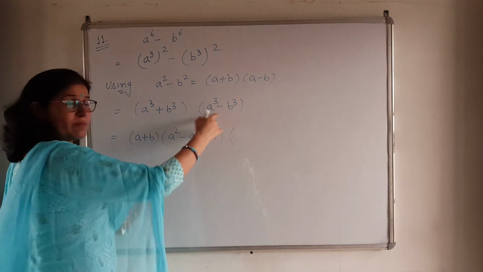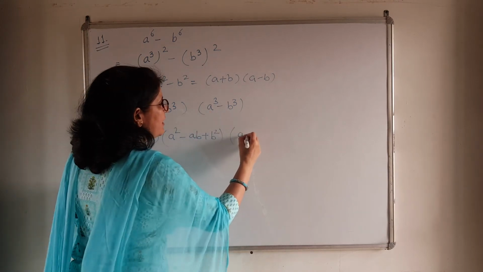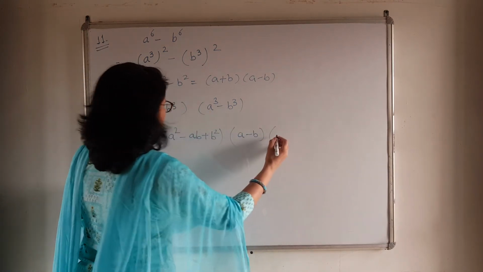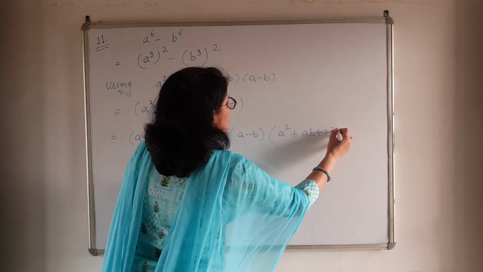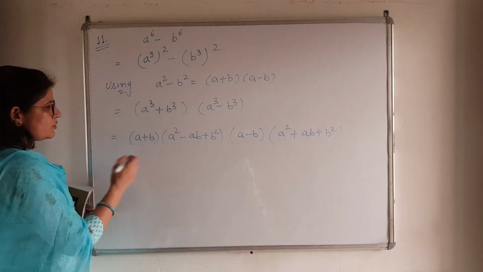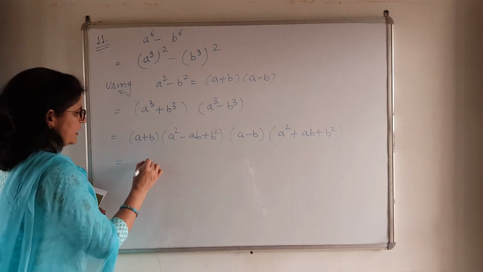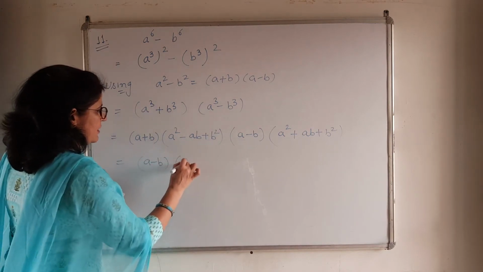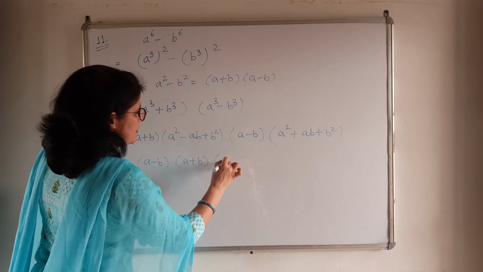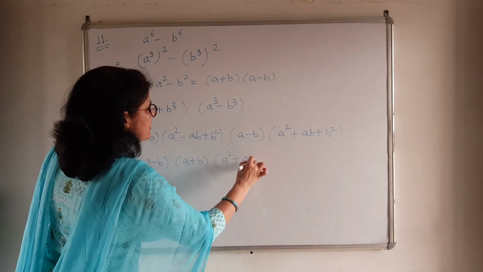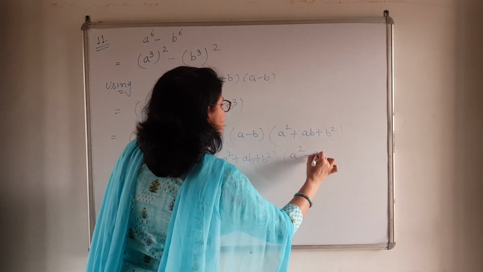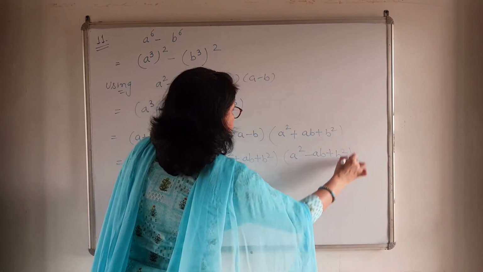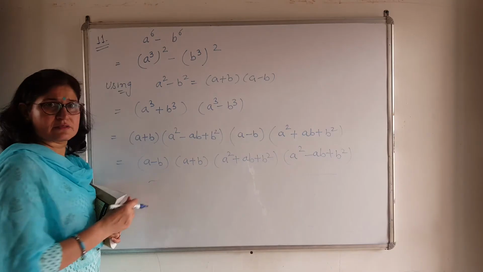And when we go with minus, the factors are (a minus b)(a square plus ab plus b square). You can leave it like this, otherwise you can arrange them: (a minus b)(a plus b)(a square plus ab plus b square)(a square minus ab plus b square). So these are the factors.